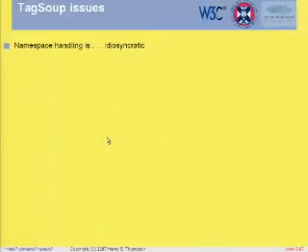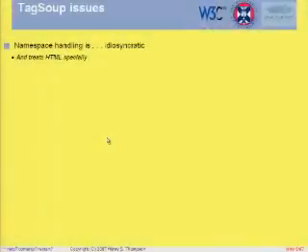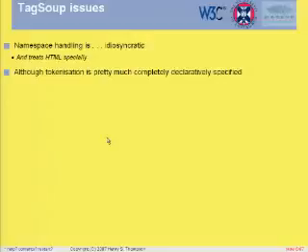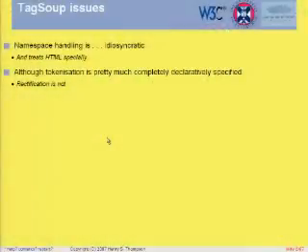But TagSoup is not a perfect solution to our problem, partly for low-level reasons that are correctable. Its namespace handling is not very good. It treats HTML specially. And you can pretty much do anything you want to improve or change the tokenization by editing the declarative specification, the tables that it works from.